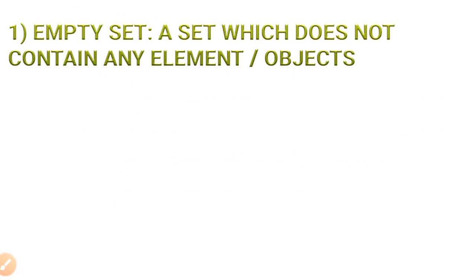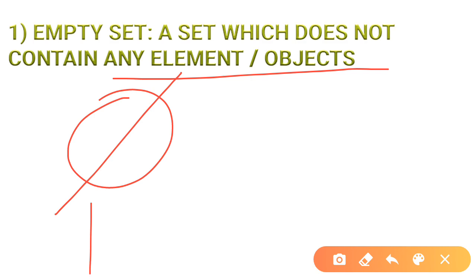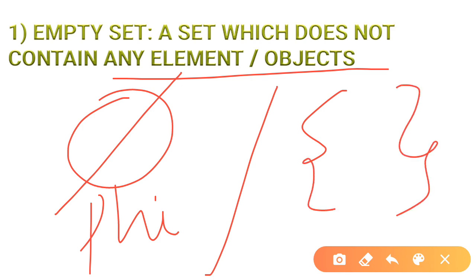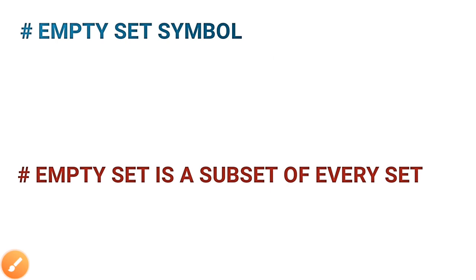The empty set means a set which does not contain any element or any objects. It is denoted by phi, otherwise the empty curly brackets. So this is the empty set, the first type.